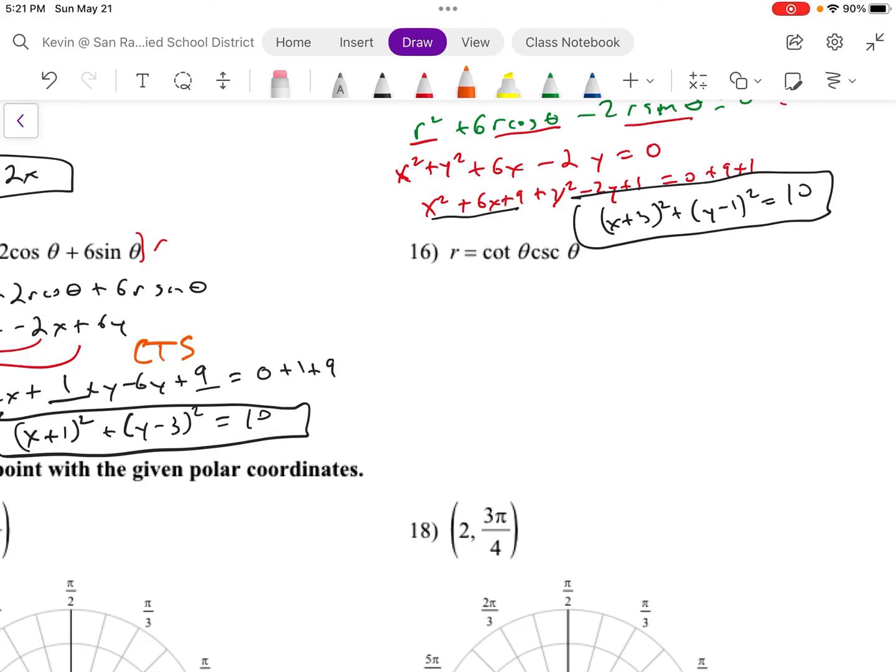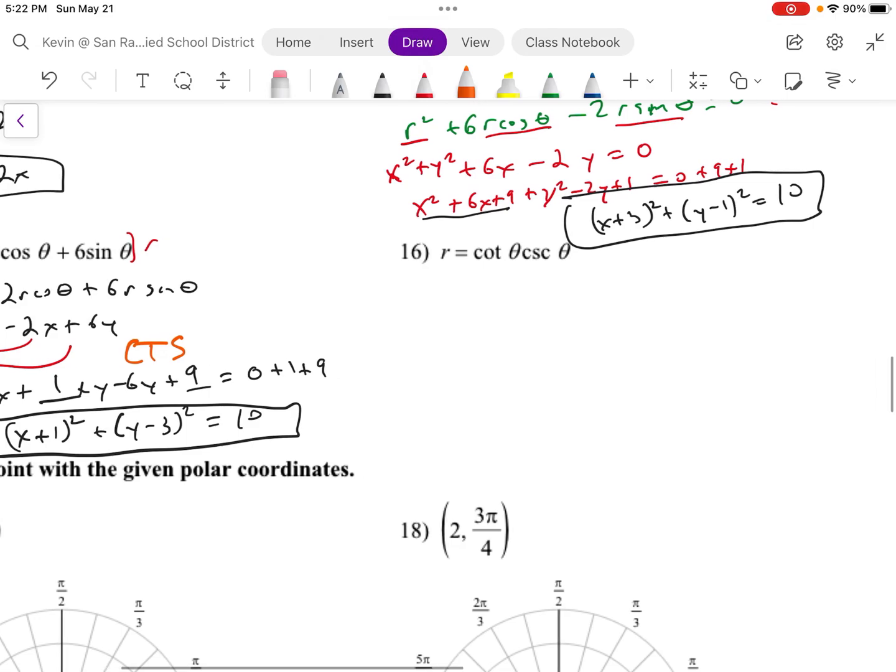Okay, this one, there's a couple different ways you could probably do it. I'm going to start off by dividing both sides by cosecant theta. We'll do a bunch of different ways.